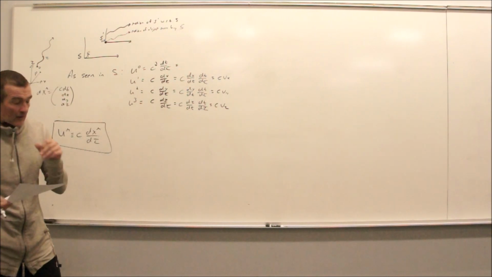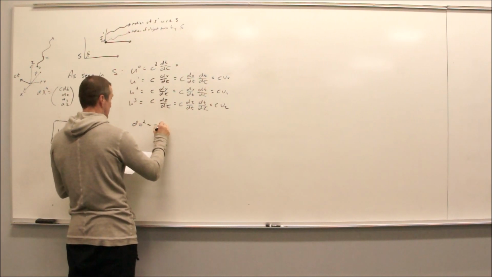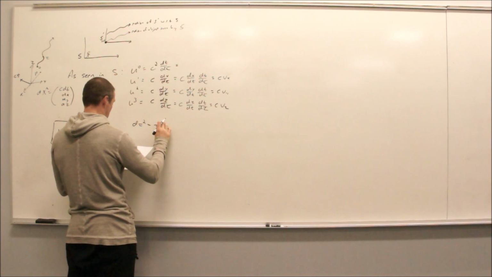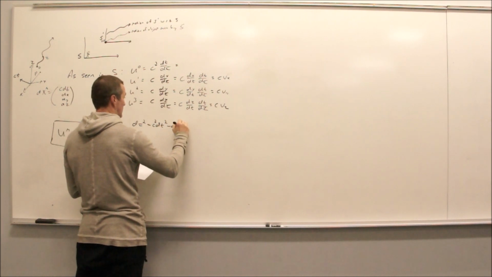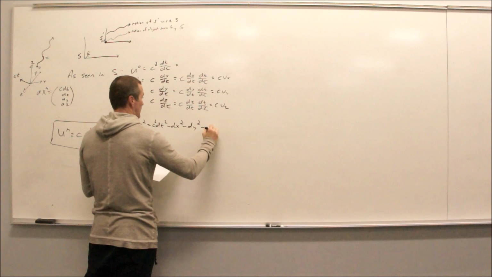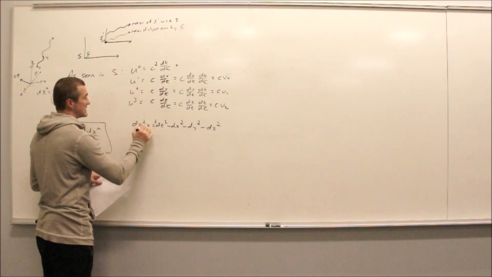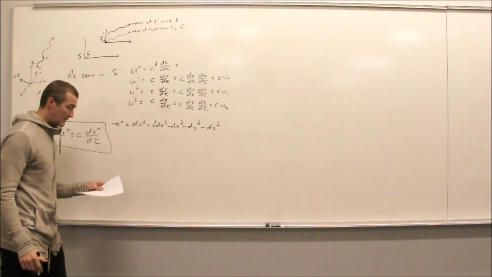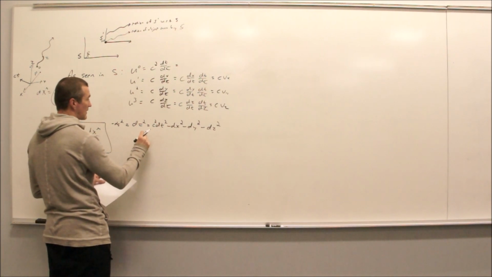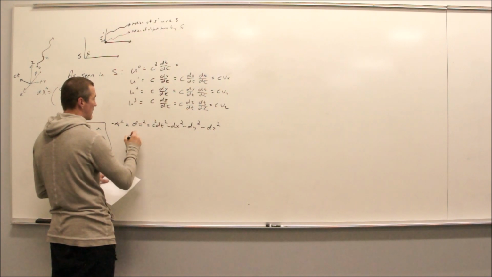And then all we have to do is figure out what is dt d tau. Well, remember, d tau was defined that way. It was defined as minus ds squared. So that's why there's a plus there and minus is here. Okay? I want to know dt d tau.